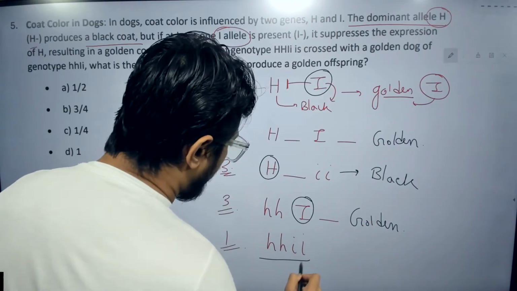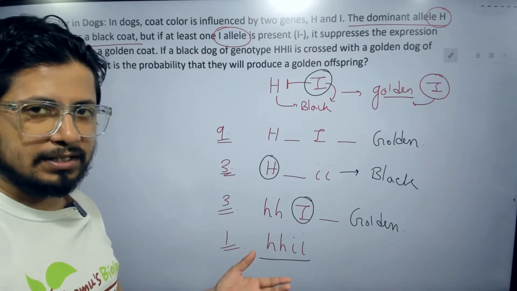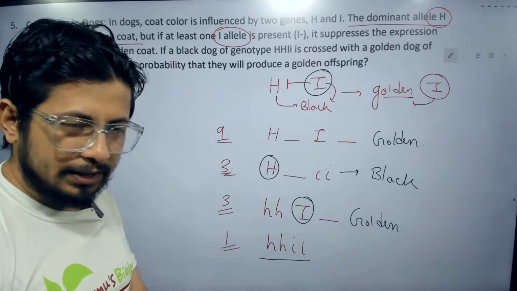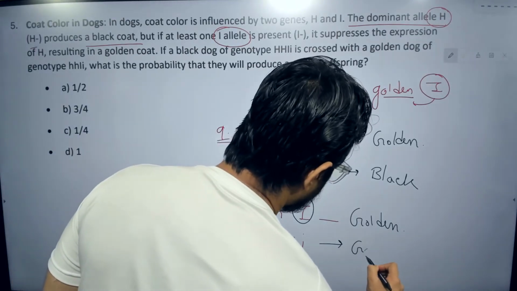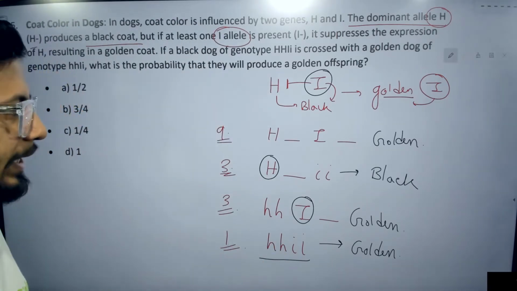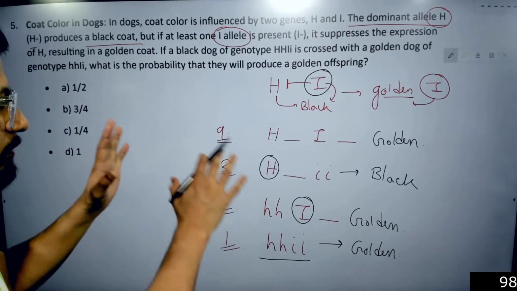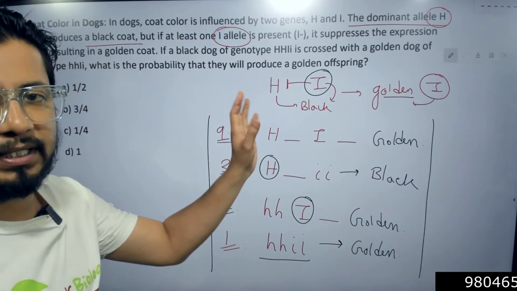And here capital I is not present, so obviously H could impart the color, but here there is no capital H, so again it will be golden. It won't be black, it will be golden again. So that is the simple idea of the epistatic event and the interaction between capital H and capital I.